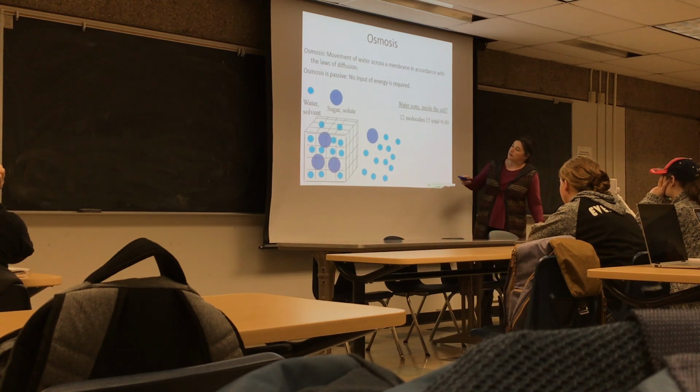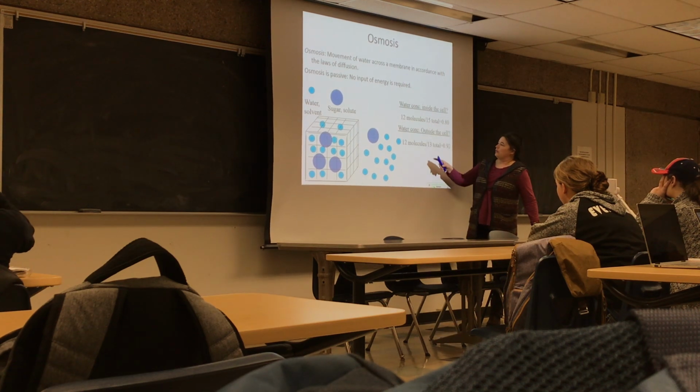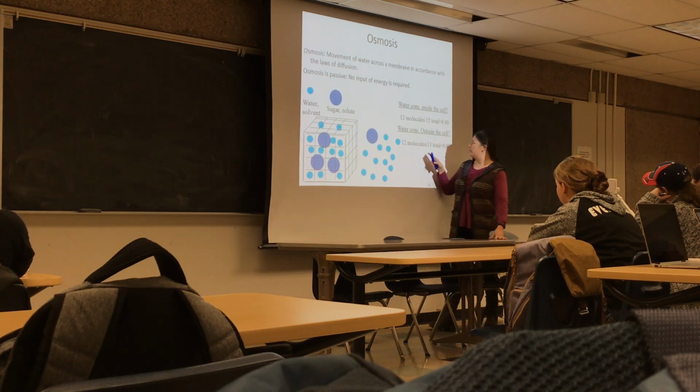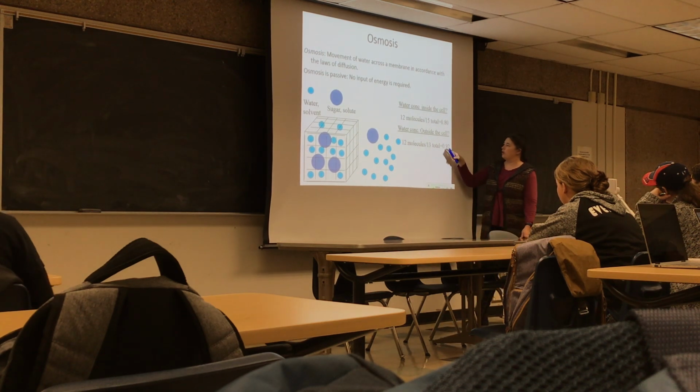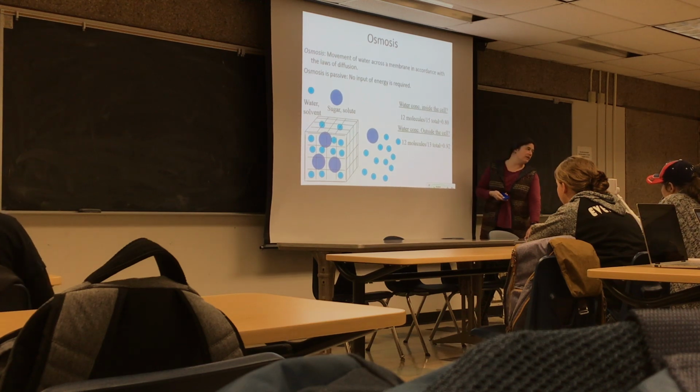If you look outside the cell, in this pool here, we also have 12 water molecules, but we only have 1 molecule of dissolved stuff, so we have 12 out of 13 molecules. That's our water concentration outside the cell.